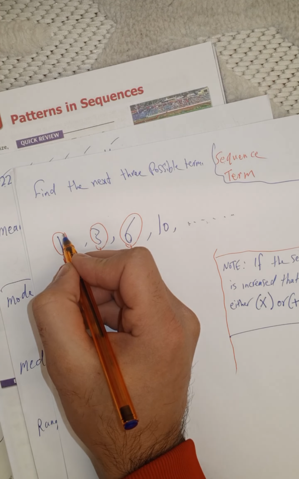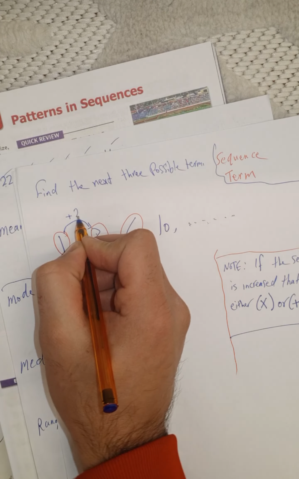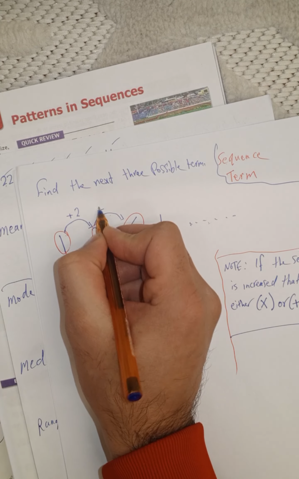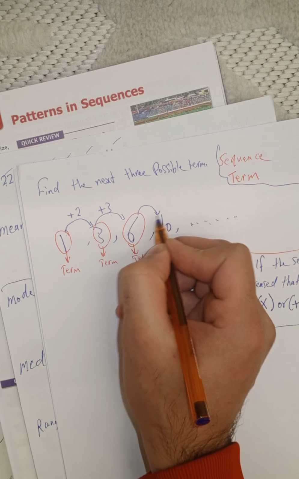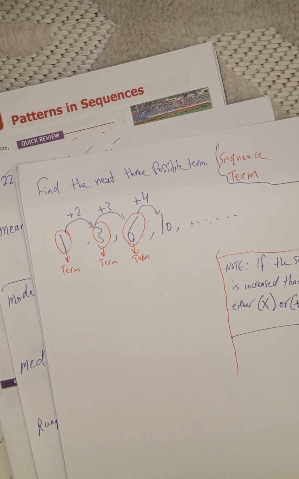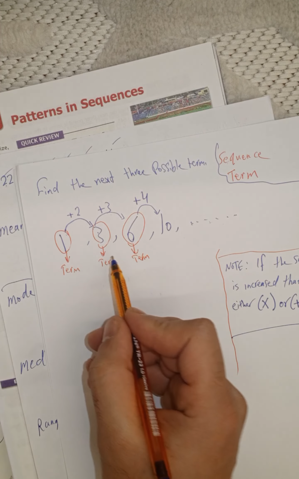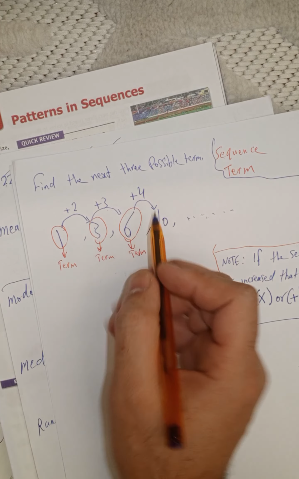For adding, look at this one. By plussing 2, 1 becomes 3. By plussing 3, 3 becomes 6. By plussing 4, 6 becomes 10. As we can see, these numbers increase by plussing 2, plussing 3, plussing 4.